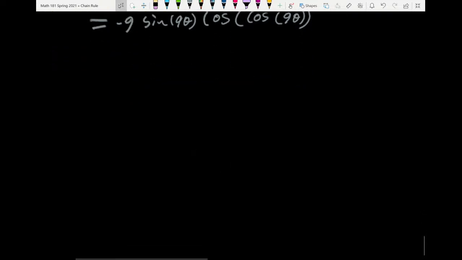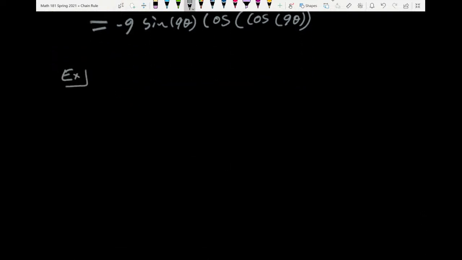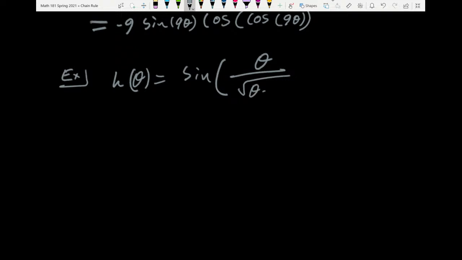Okay, let's try this one. H of theta equals sine of theta over... All right, let's try that. That's a hard one.